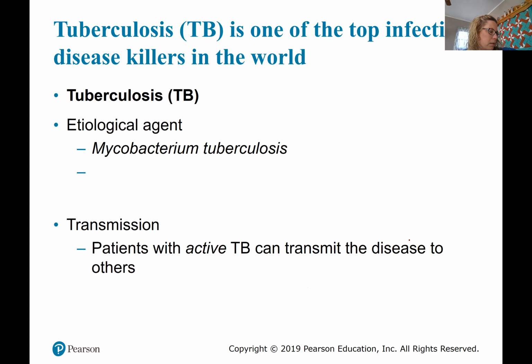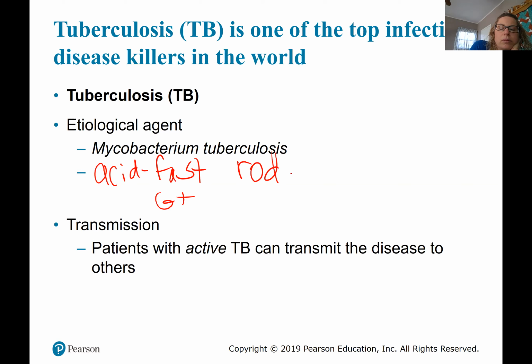And let's see, tuberculosis is another one that I want to talk about, because we have talked a lot about Mycobacterium tuberculosis this semester. We first saw them when we were looking at cell walls. And remember, these guys are acid-fast, gram-positive rods or bacilli.